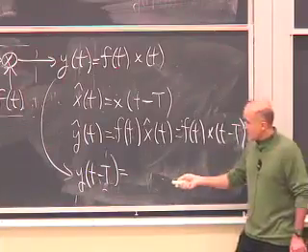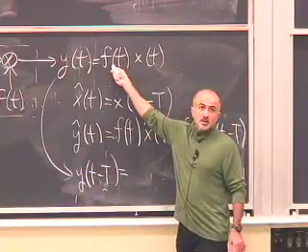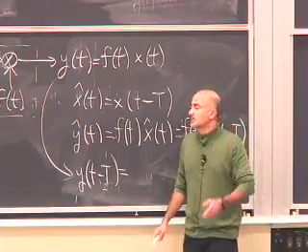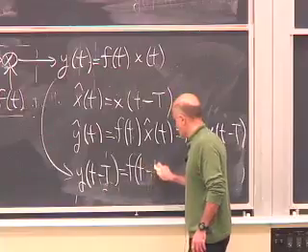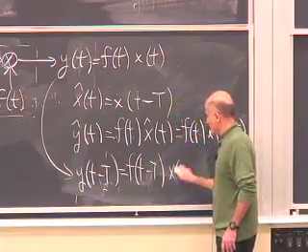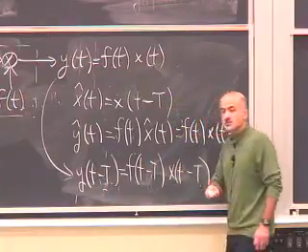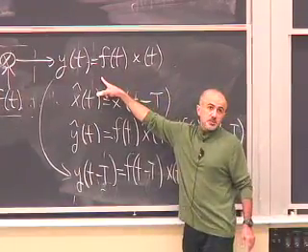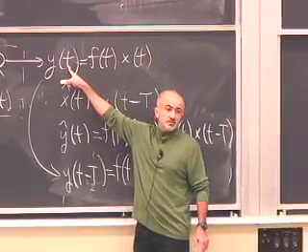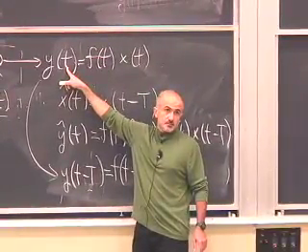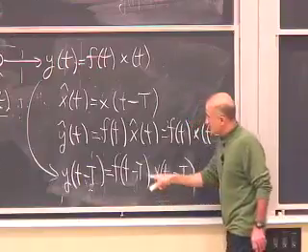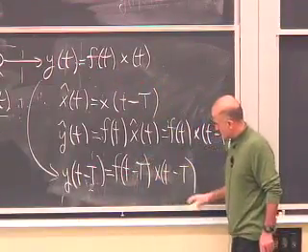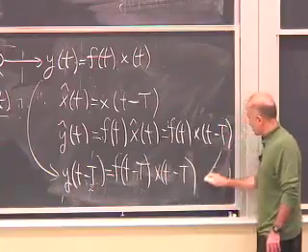So what do you get, Max? What happens when I take y and I shift it? You shift both the f and the x. In other words, you take this equation, every place you see a t, you replace it with t minus capital T. That means you have f of t minus capital T and x of t minus capital T. Are these two equal?